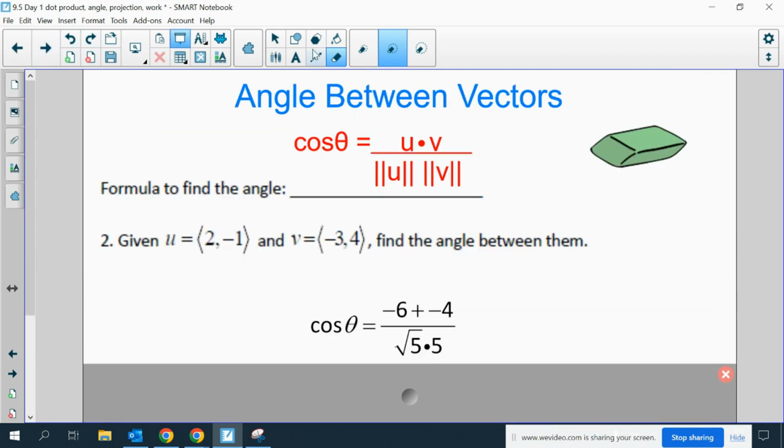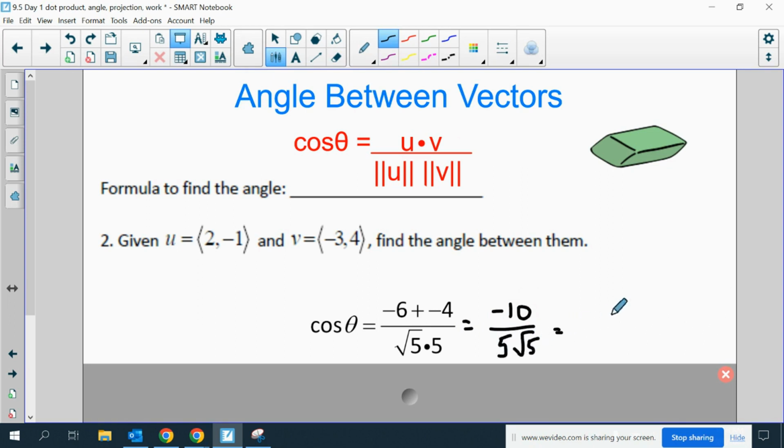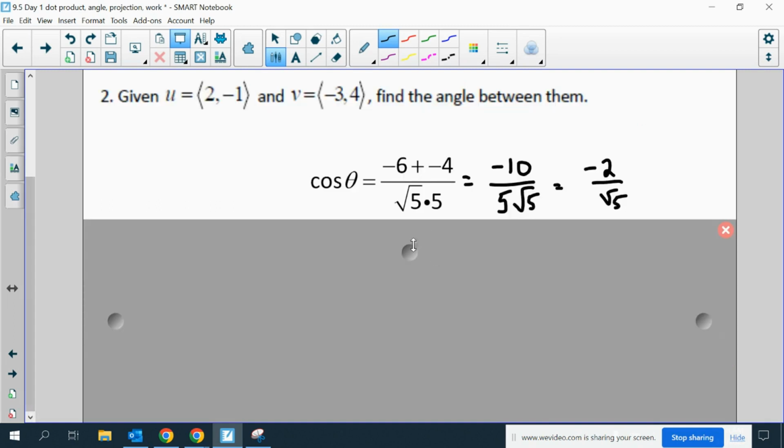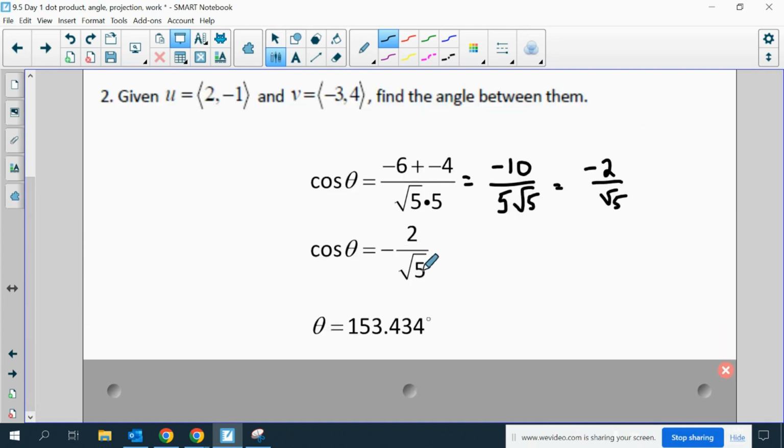So the cosine of theta is equal to -10, which we found from the dot product on the first page, over 5 root 5. So we get -2 over root 5, and then we do the inverse cosine of that to find an angle.